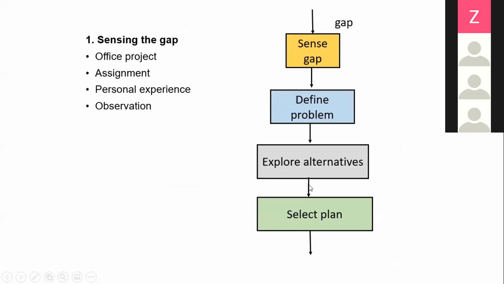Right? So now this sensing of the gap, because you don't have to be a designer. I mean, one does not need to have a degree of design to be a problem solver. And fortunately, India has come up with this term, jugaad, which is the mother of all invention.